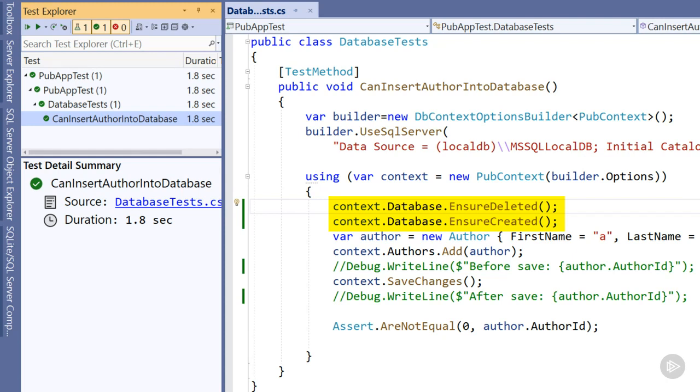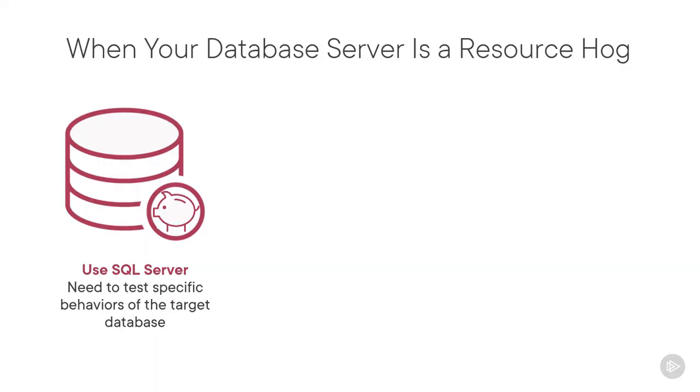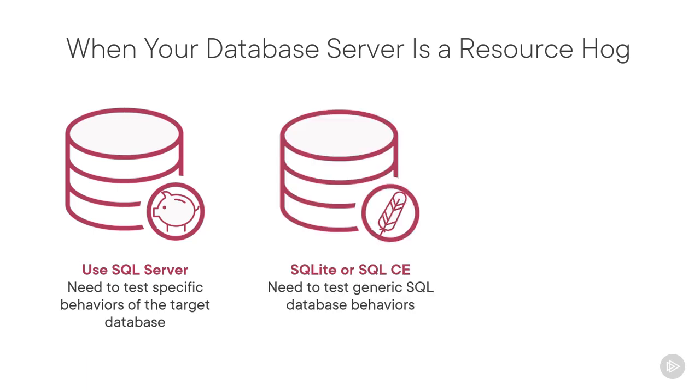Sometimes you really need to test against the database, and it's just going to take longer. So with more testing experience, you can learn to be discriminating about when it's important to use the actual database and when it's not. In some cases, even though the production database might be SQL Server, you could switch to using a lighter weight database like SQLite for your tests.